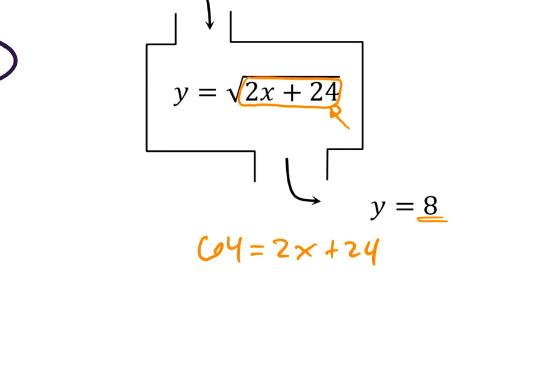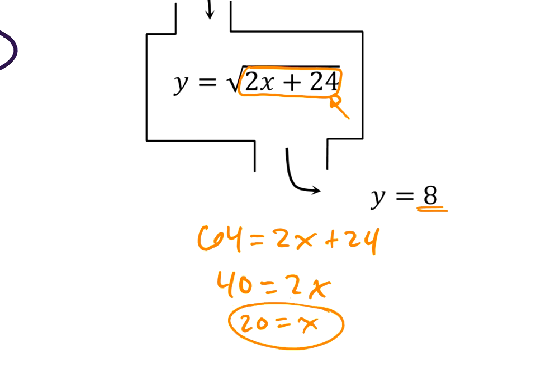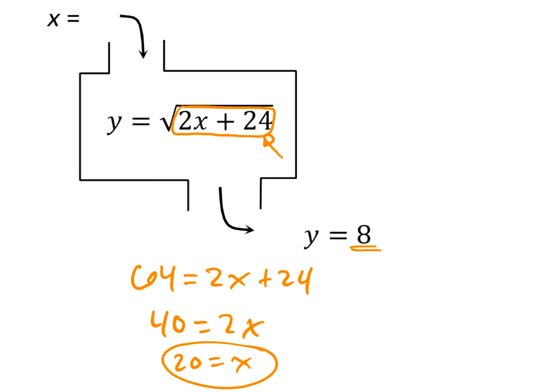So if I subtract 24 from both sides, I would get 40 is 2x. And then if I divide both sides by 2, right, we get that x is equal to 20. So the input that would produce an answer of 8 is 20.